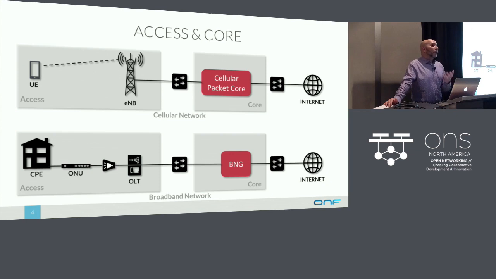And the core equivalent as far as the broadband is concerned would be the BNG. So the BNG does a lot of similar tasks that the EPC or ngic-core does. It does authentication, session management, etc., subscriber management.